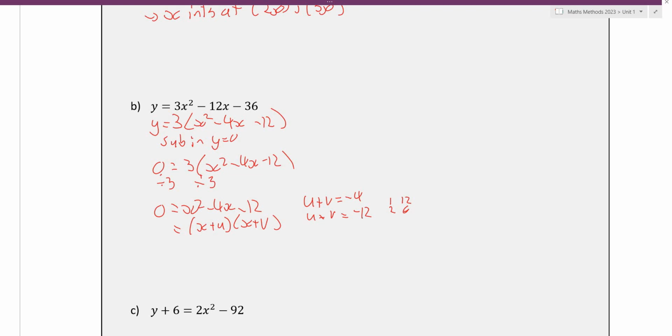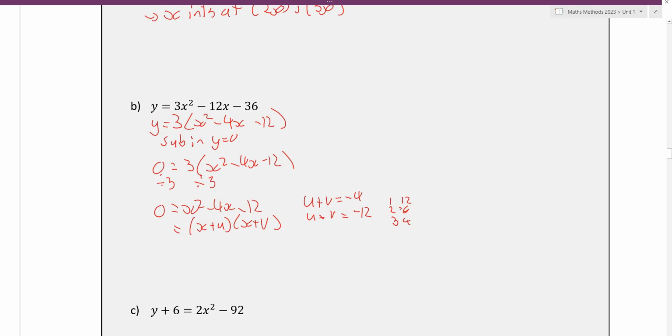The second thing I know is that they add to -4. So that says to me that the difference between them is 4, and the bigger number is the negative. If I look at the factors of 12, 1 and 12, 2 and 6, 3 and 4, which one has a difference of 4? 2 and 6. And the bigger number is the negative because when you add them together, they become a negative overall. So that tells me that the factors I'm looking for are 2 and -6.